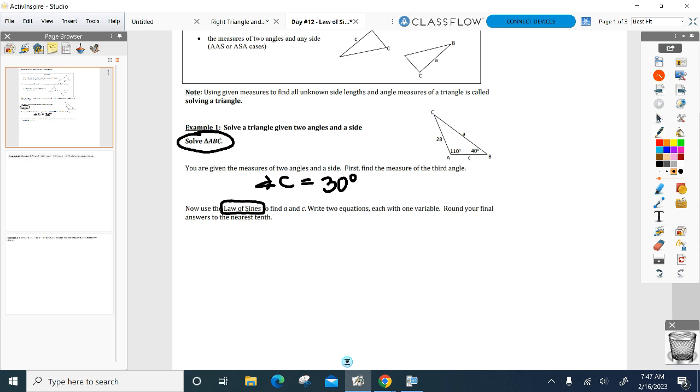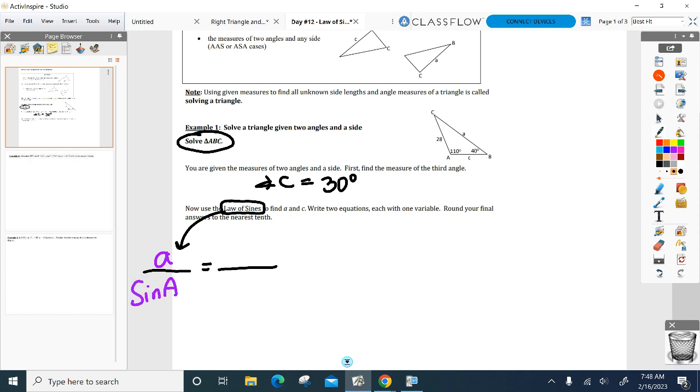Here's what the law of sines says. Let me give you the formula, then we'll use it on this triangle. It's a proportion. The law of sines is a proportion. And here's what you put into it. You put a side length on top. So I'm just going to put A, side length A. Underneath it, you put the sine of the angle across.